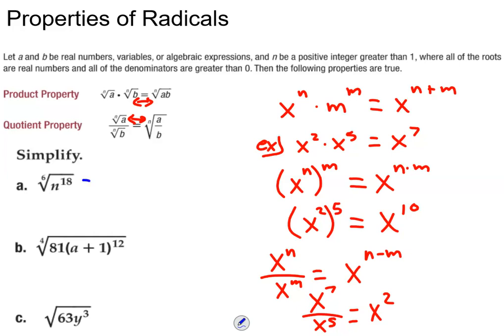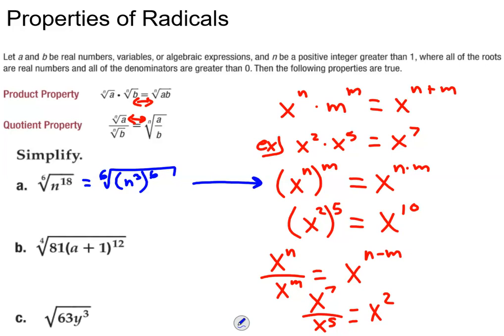So one thing that we could do is, hopefully you can see how 18 is divisible by 6. If we have the 6th root here, I'm going to actually use that power property where we put n to the 3rd and raise that to the 6th power. So hopefully you can see how we divided that 18 into 3 times 6 using that power property right there.